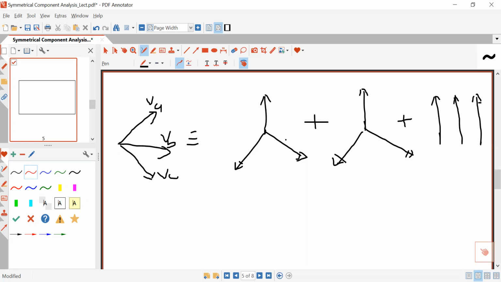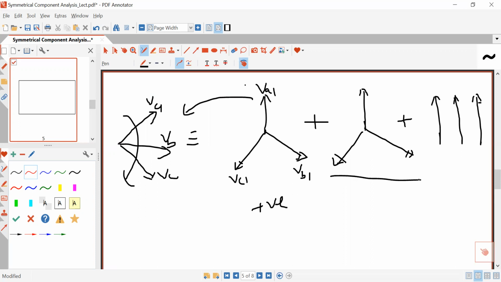And you must remember, one balanced set will have the same phase sequence as the original phasor. The original phasor phase sequence is ABC, so this phasor phase sequence will also be ABC. And this balanced set is called positive sequence. And the other balanced set phase sequence will be opposite to the original phasor.